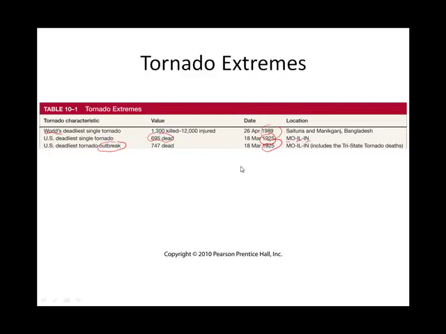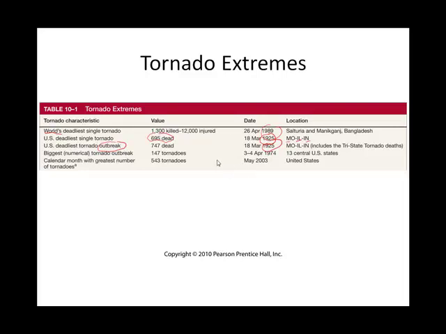Now, since the year 1925, we have improved our warning system. The outbreak that had the most tornadoes was the outbreak that had 147 tornadoes. Goodness gracious. And it happened over a 2-day period in 1974.